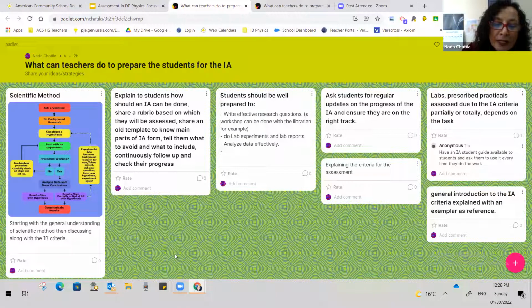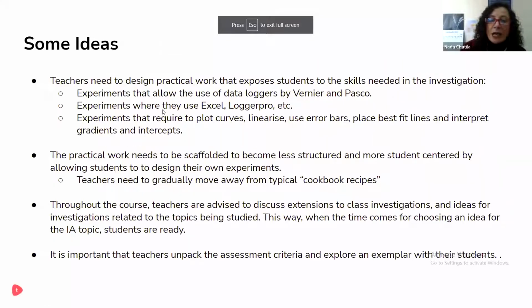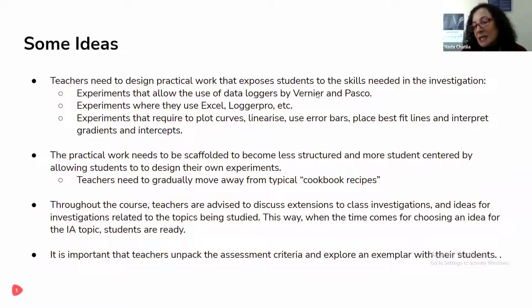I would add to this, teachers need to design practical work that exposes students to all the skills needed in the investigation: experiments that allow for the use of data loggers, experiments where you require them to use Logger Pro, Excel, or other software to analyze data.